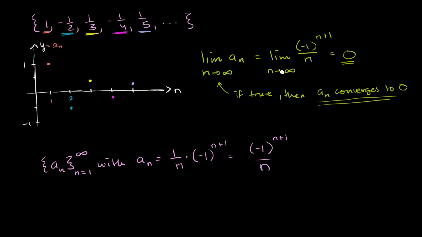That's another way of saying this right over here. If the limit as n approaches infinity didn't go to some value right here, and I haven't rigorously defined how we define a limit, but if this was not true, if we could not set some limit, well, it doesn't have to be equal to 0, as long as if this was not equal to some number, then we would say that a sub n diverges.